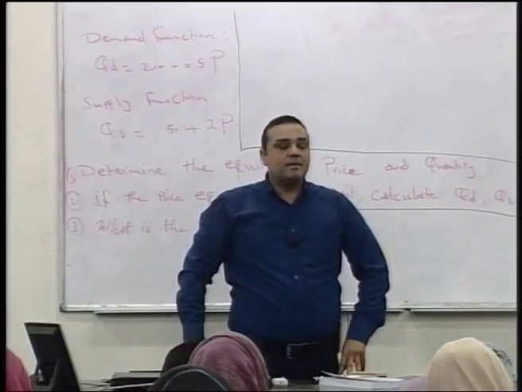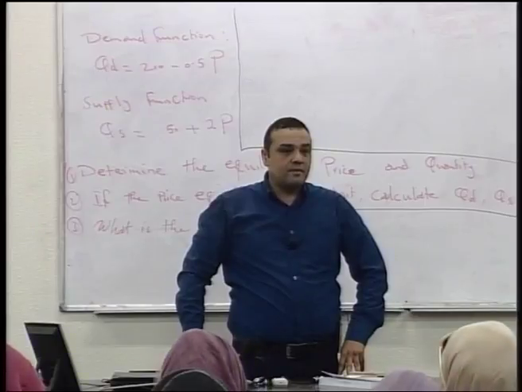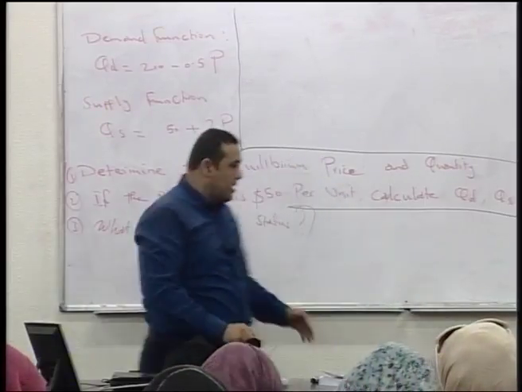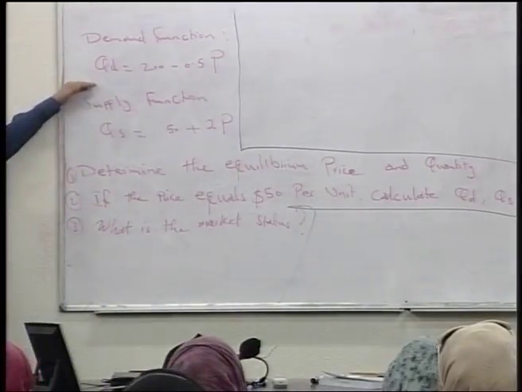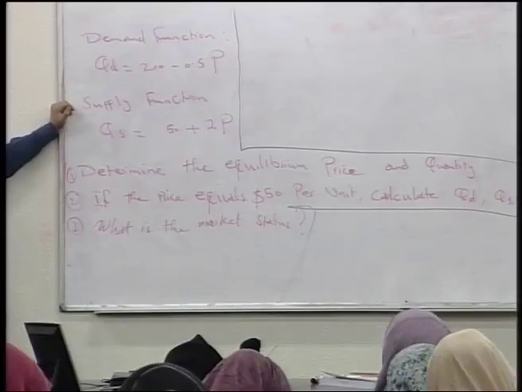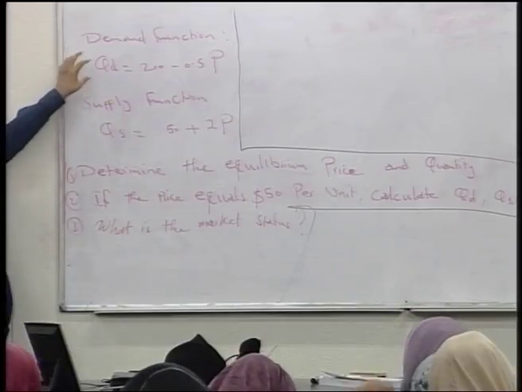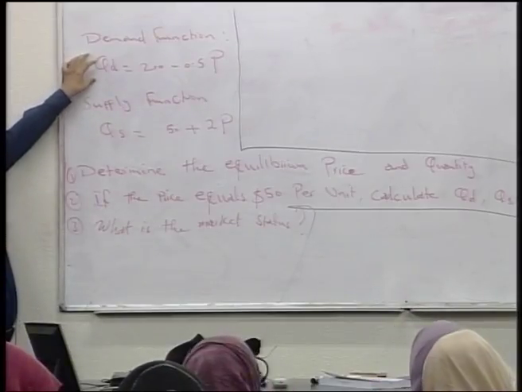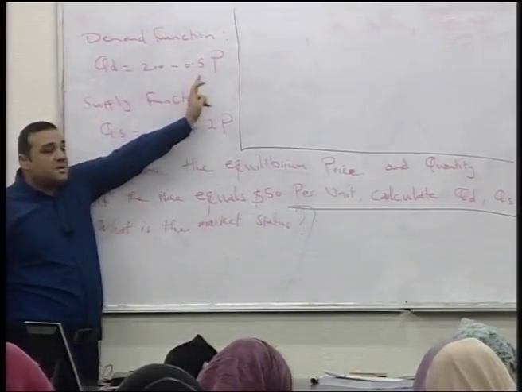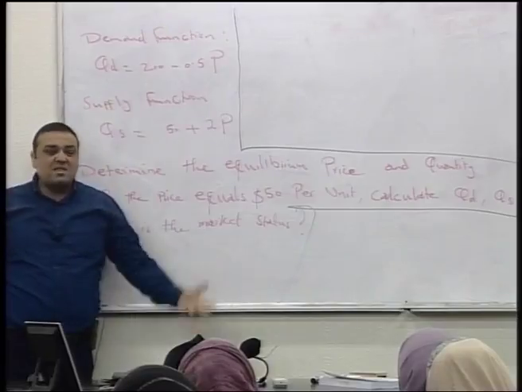In this example, we have 2 functions, 2 formulas, the demand function and supply function. For the demand function here, quantity demanded equals 200 minus half times price. What does this mean?